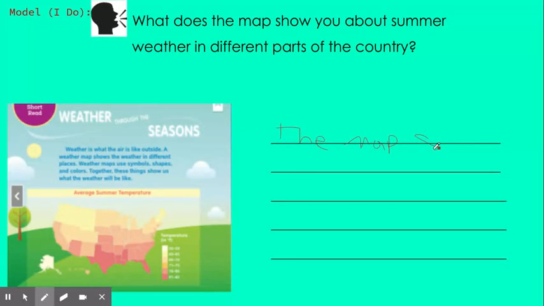The map shows the average temperature in the summer. This is hard to write with this pen.